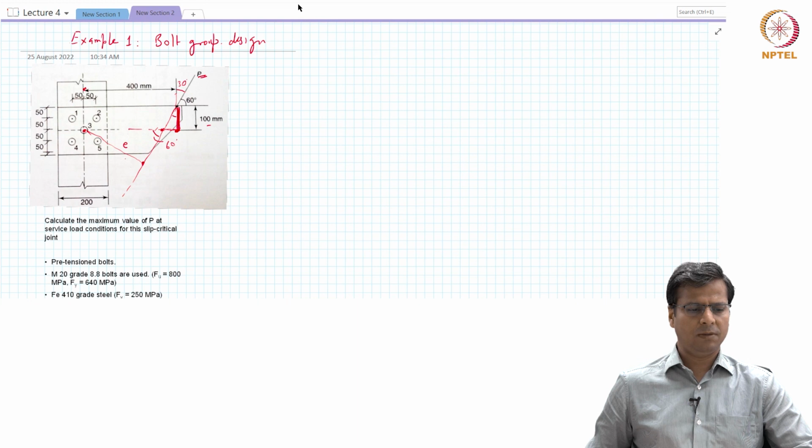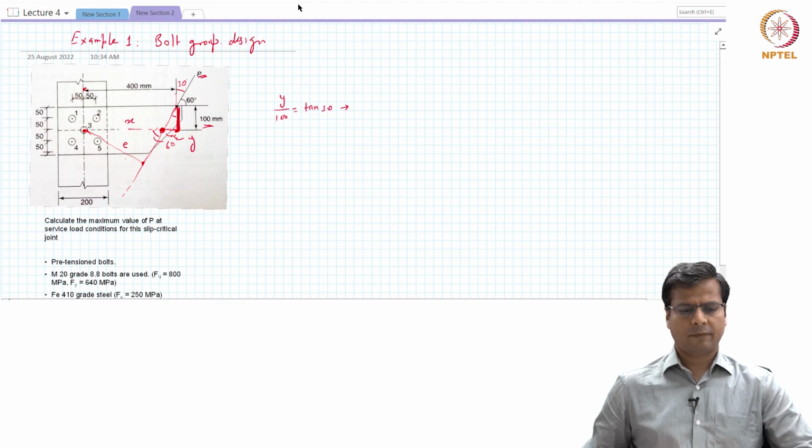Now, if we want to know E, we can first calculate, let's call this distance from the centroid, that is bolt number 3, to this point X, let that distance be X, and let this distance be Y. Now, we can calculate the relationship between Y and this distance 100 millimeters as Y divided by 100 is equal to tan 30. And from there we can calculate Y to be 100 tan 30.